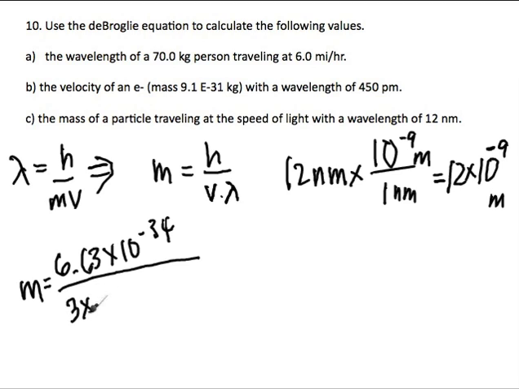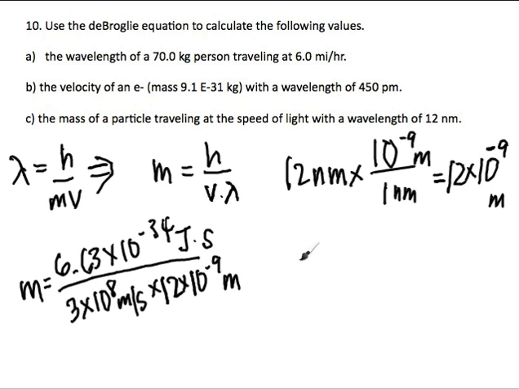So remember that is 3 times 10 to the 8th meters per second times 12 times 10 to the negative 9 meters. Also Planck's constant, remember to include the units.